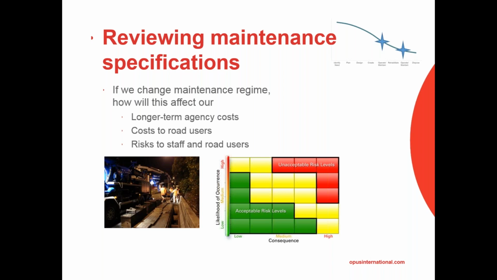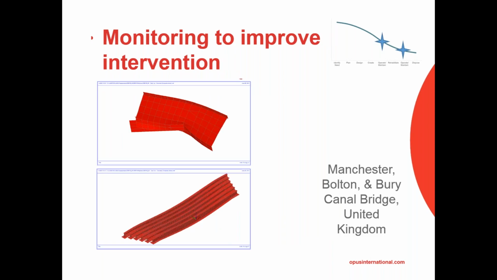So the cost itself of reducing from 3 to 2 inspections per year obviously reduced the cost by about 1/3, but the cost to road users was significantly reduced because they didn't have to close the shoulders or roads. It also reduced the risk to staff and to road users, again, because they weren't out there that extra time doing that work.